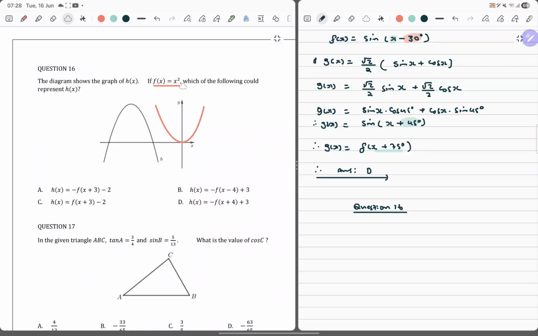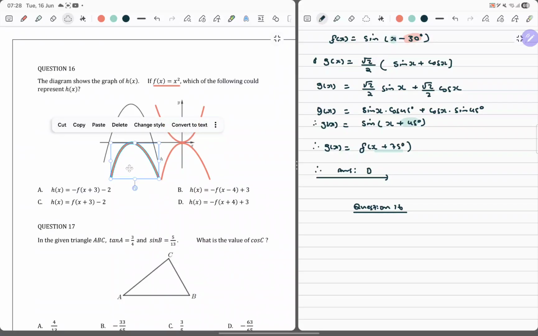Then if h of x is related to this, it is some transformation. Now, for example, for this to be concave down, what must have happened? We must have reflected the graph of f about the x-axis so that it looks exactly like that, right? From there, we then move the graph to the left some units so that the turning point is somewhere like that.